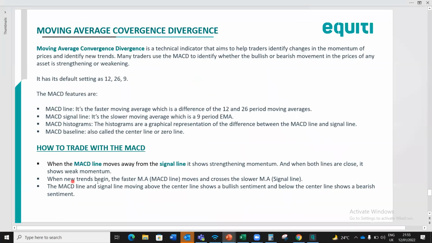The next is when new trends begin: the faster moving average, which is the MACD line, moves and crosses the slower moving average, which is the signal line. Once the faster MA crosses the slower MA, it could possibly be that there is going to be a new trend.